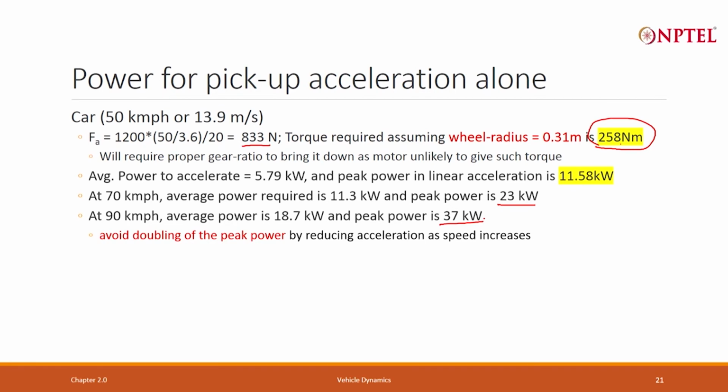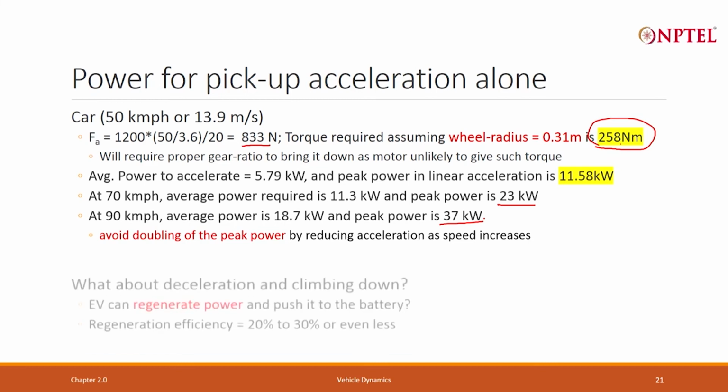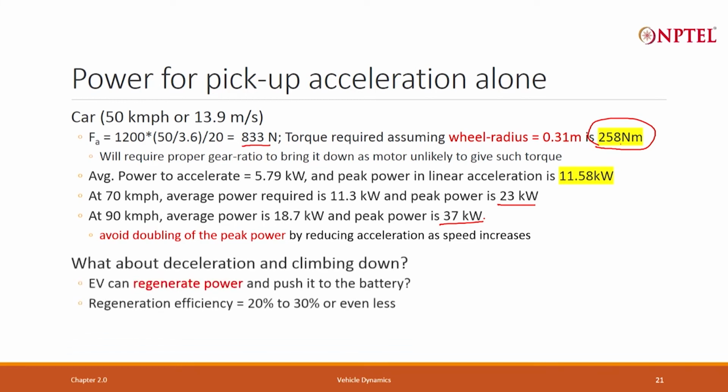Generally, of course, you do not go to this higher peak power, because you accelerate faster in the beginning and then slower, and that can probably bring it down to 18.7 kilowatt. So, the point that I am making is there is a fairly large requirement for power and torque due to acceleration.